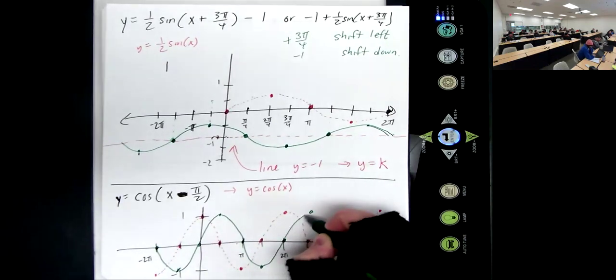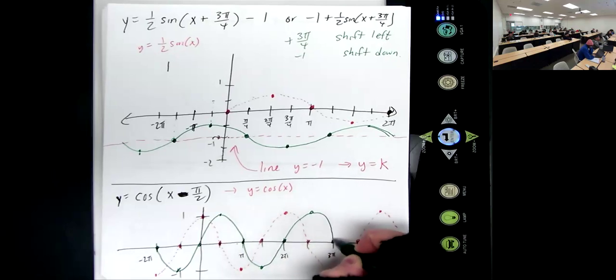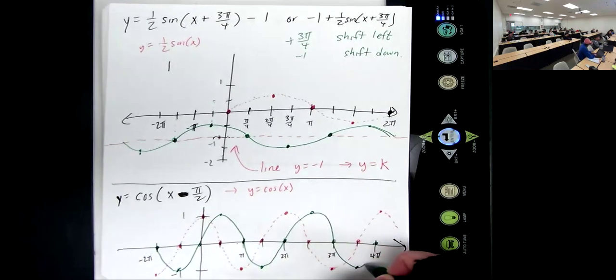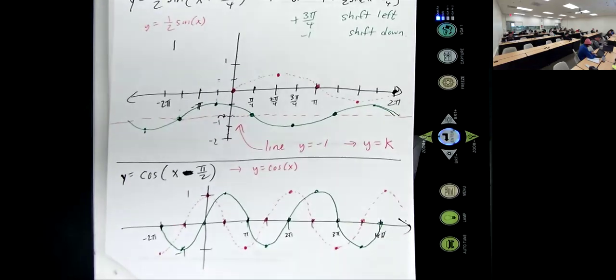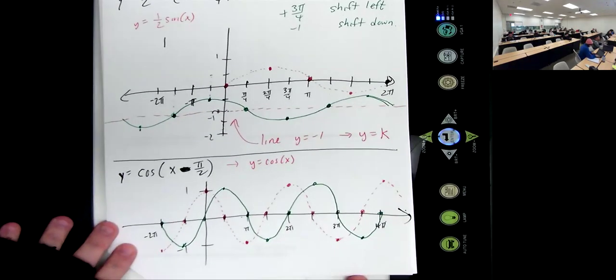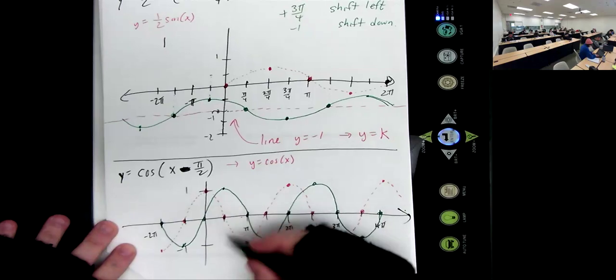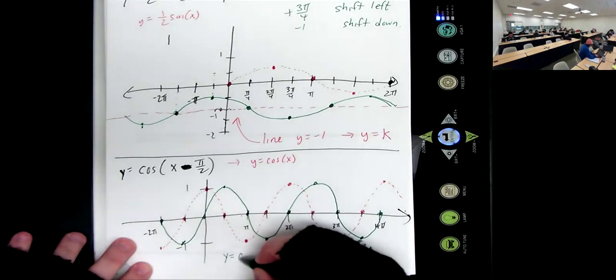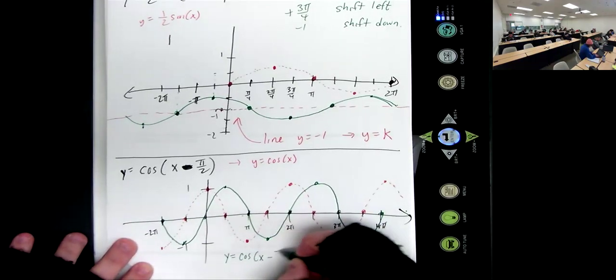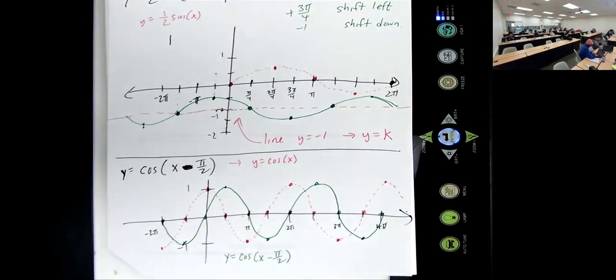A better spacing here, this would look great. So the green line is y equals cosine of x minus pi over 2. What else is it?